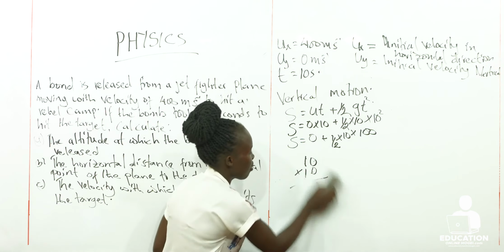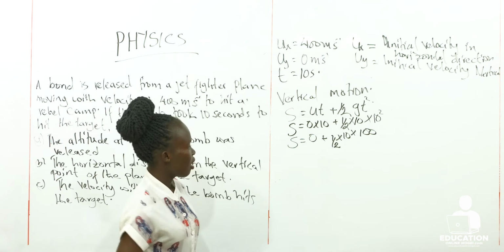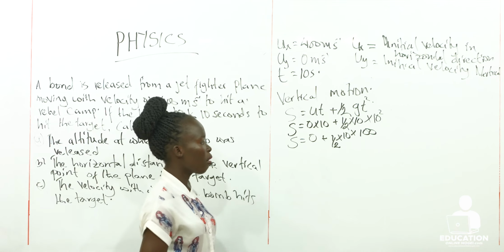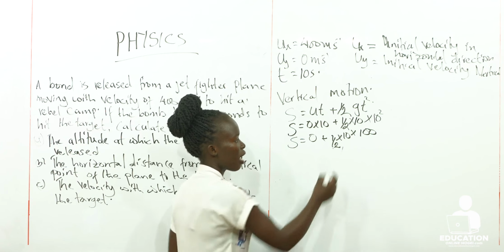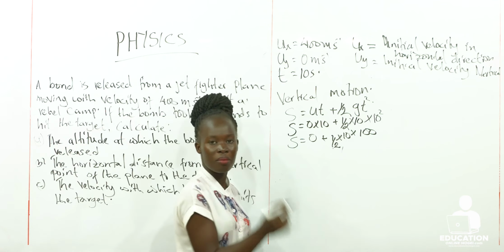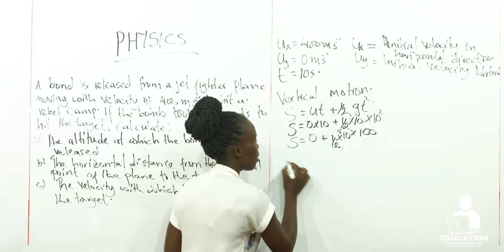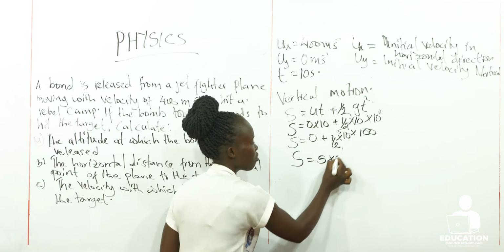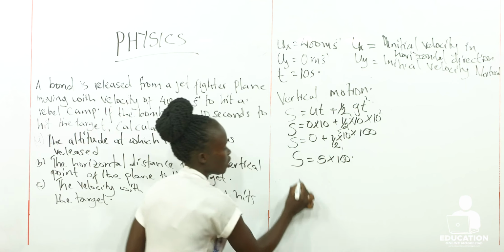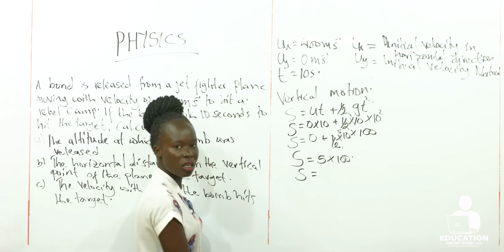So if we have it there as 100, now we can reduce it by the 2. 2 here will go once, and then 2 will divide 10 how many times? 5 times. Meaning that we have now S is equals to 5 times 100. And what is 5 times 100?